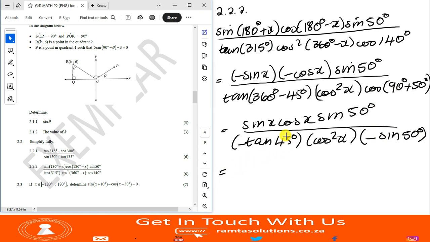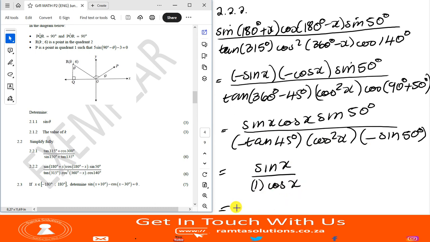Okay, so what we have now, sine 50 cancelling with sine 50, negative and negative is positive, one of the cosines cancelling. So we are left with sine x over 1 times cos x.